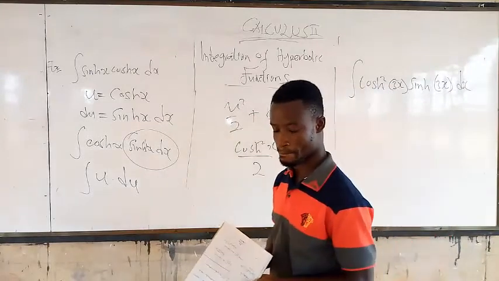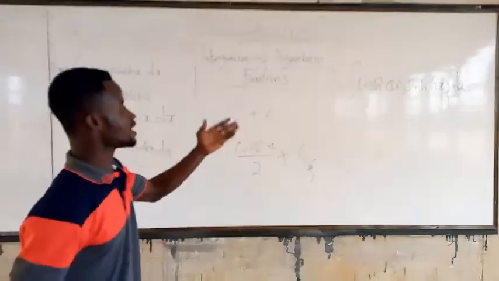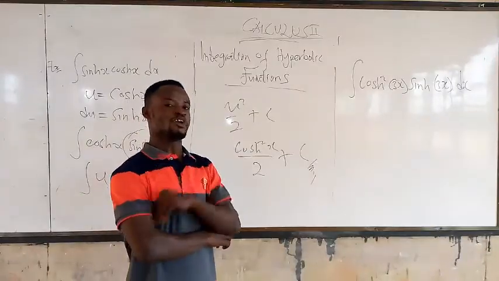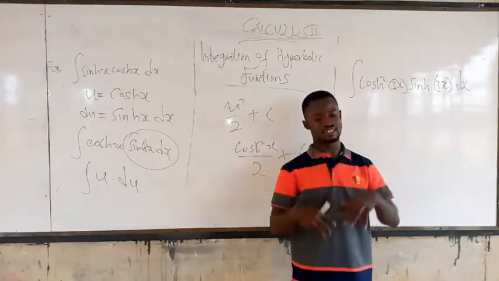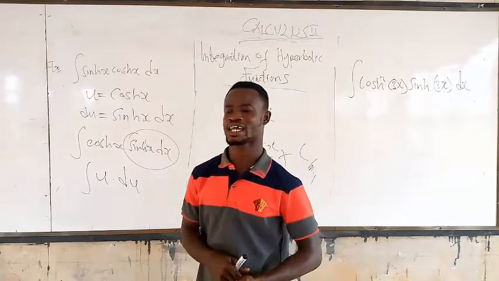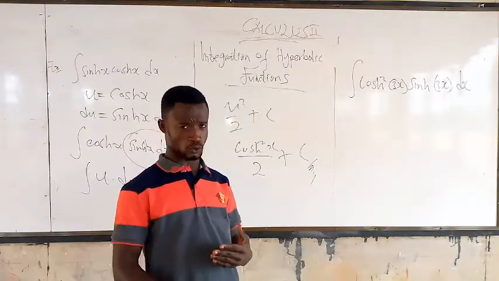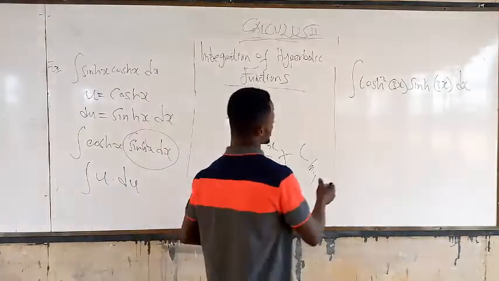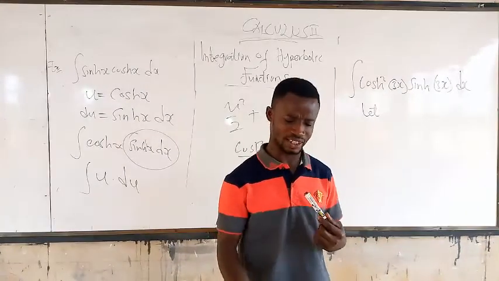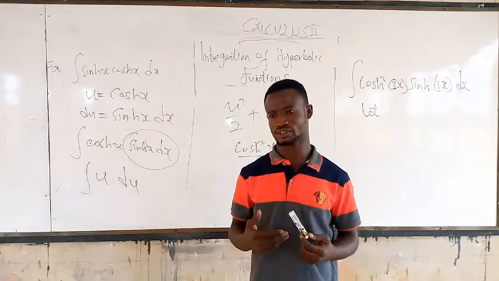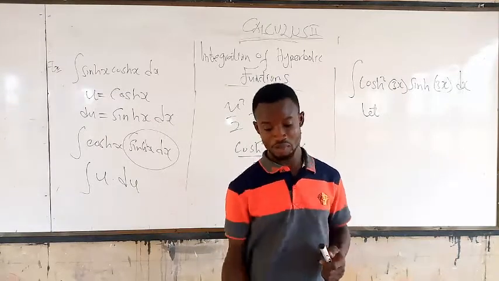Now, looking at this question, the arguments are the same. Very good. So here, we have the argument to be the same. So we can now first set our u.